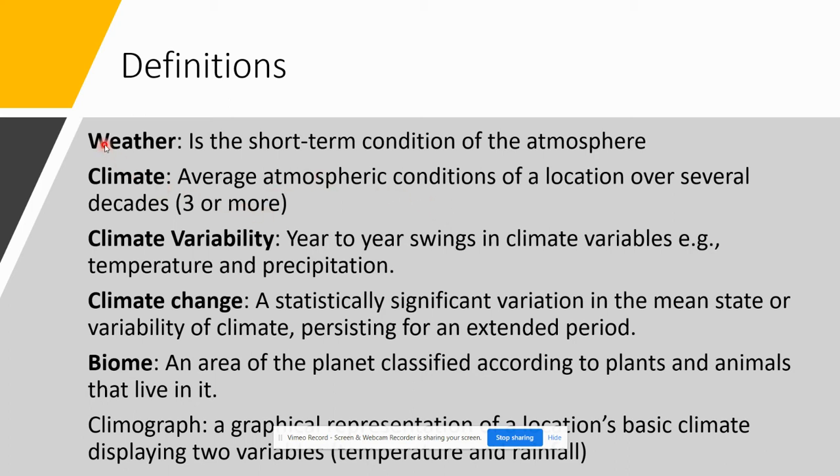For weather, the variability is really high. Today it might rain, it might be really cold, but tomorrow it might be really hot, so the temperature difference is really high. Climate usually shows a general trend over 30, 40, 50 years. Considering temperature, precipitation, and other atmospheric conditions, with climate you will see a trend.